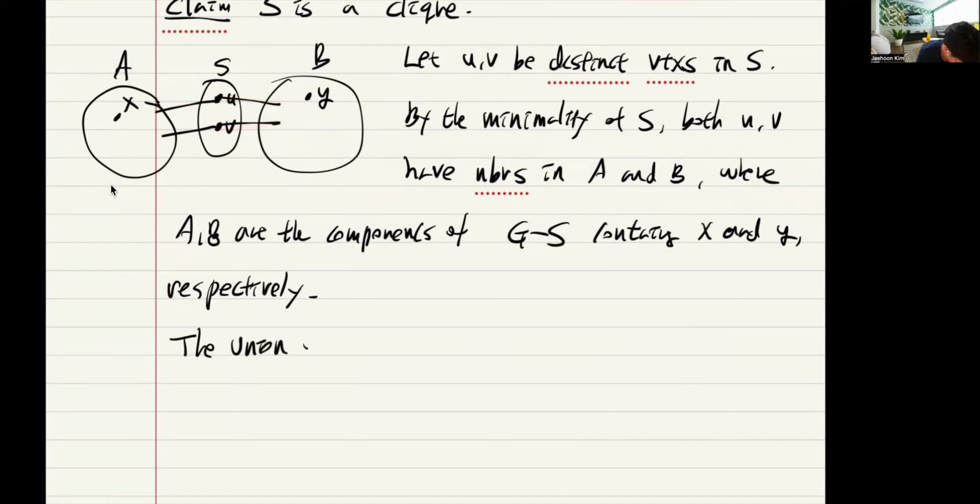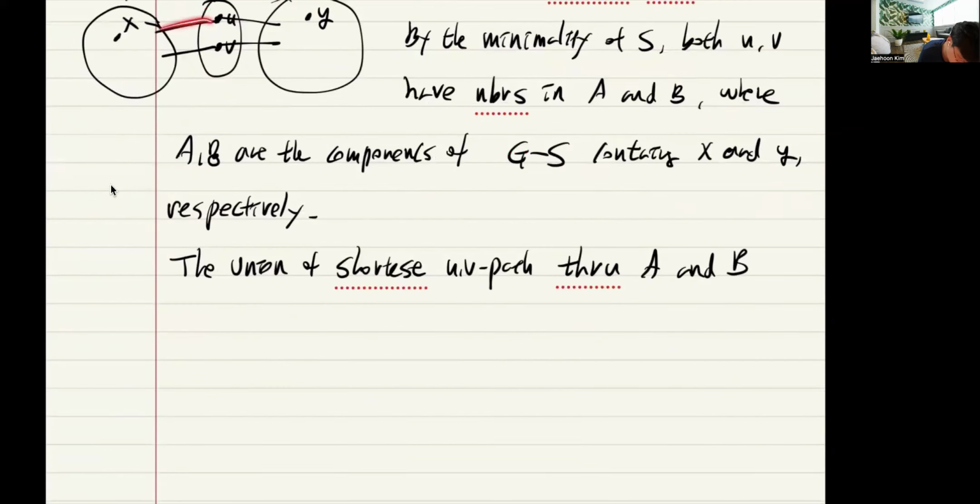So the union of the shortest UV paths through A and B. You take this and you take this, then this is of length at least 2, and this is of length at least 2. So it could be longer, but its union is a cycle of length at least 4.